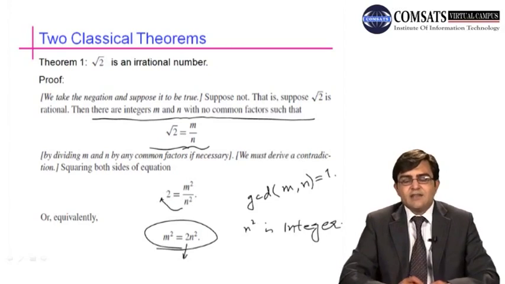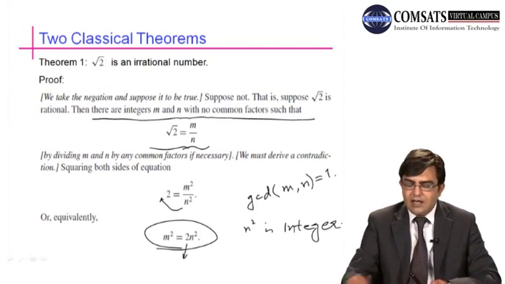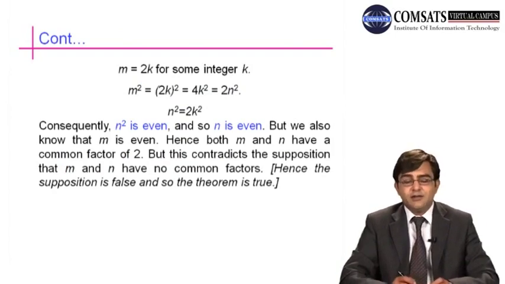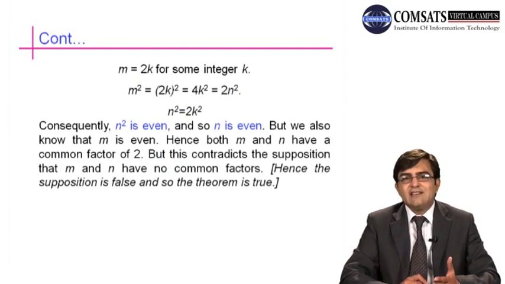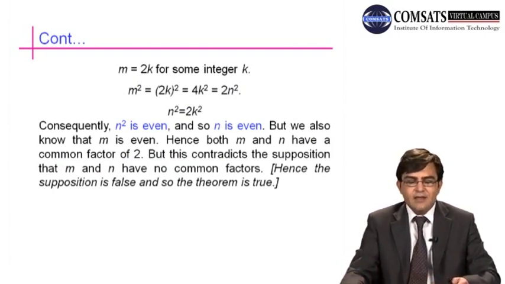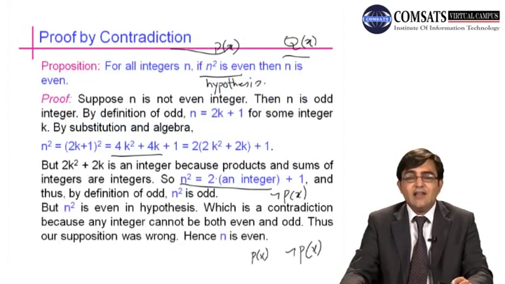It means that m square is even. If m square is even, then m is also even, as we have proved in the previous theorem, that for all integers n, if n square is even, then n is even. So we have proved it.